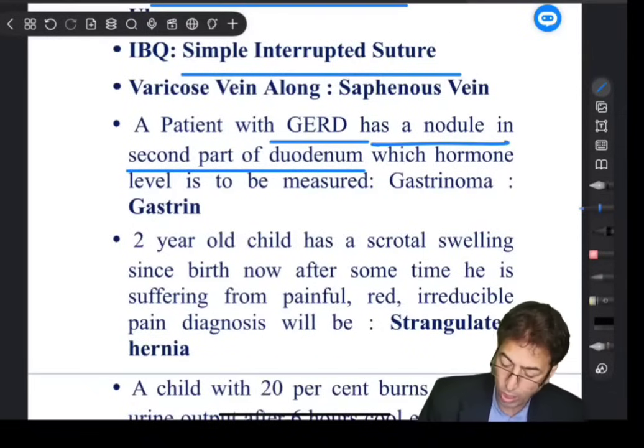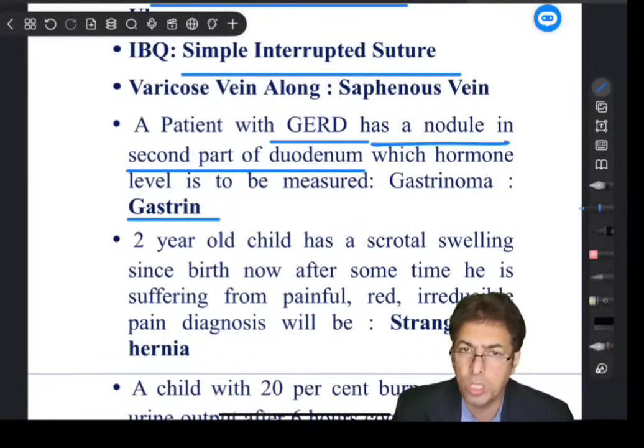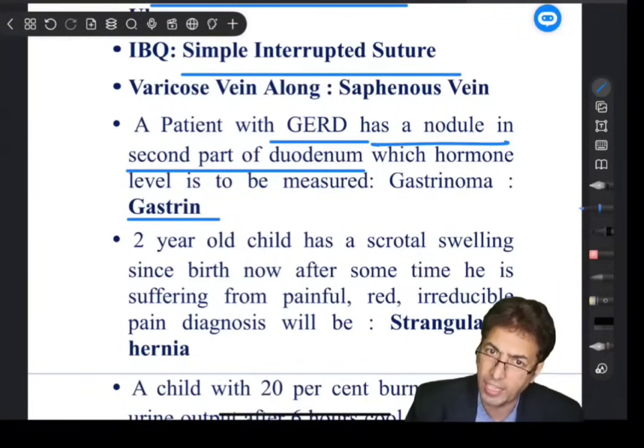So a clue: which physiological substance would be increased? You have to remember this important condition, which I will deal with in detail at the end. Here I am giving just a gist of the things which were asked.